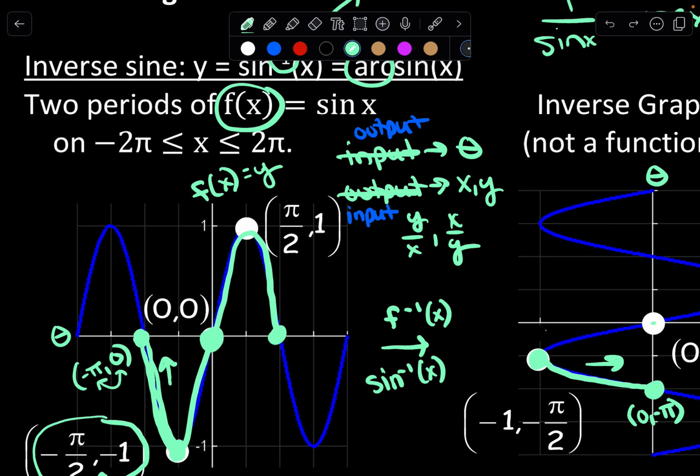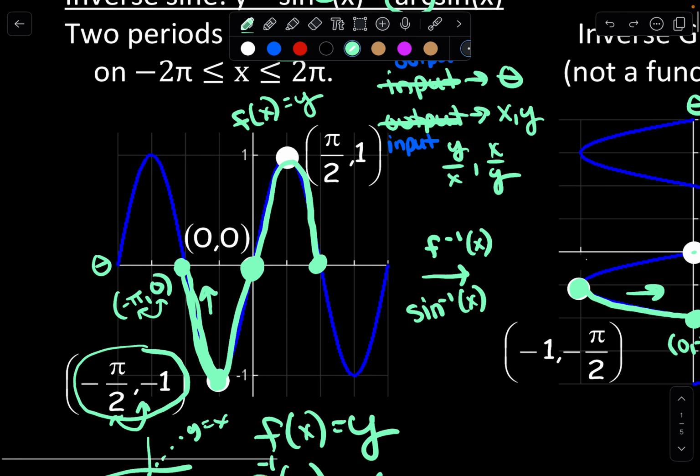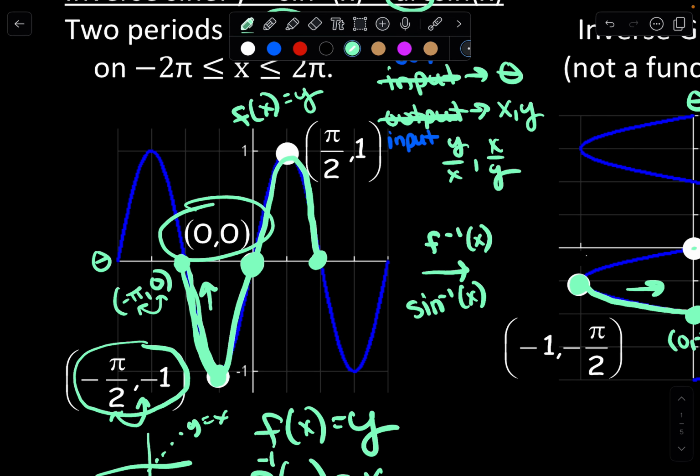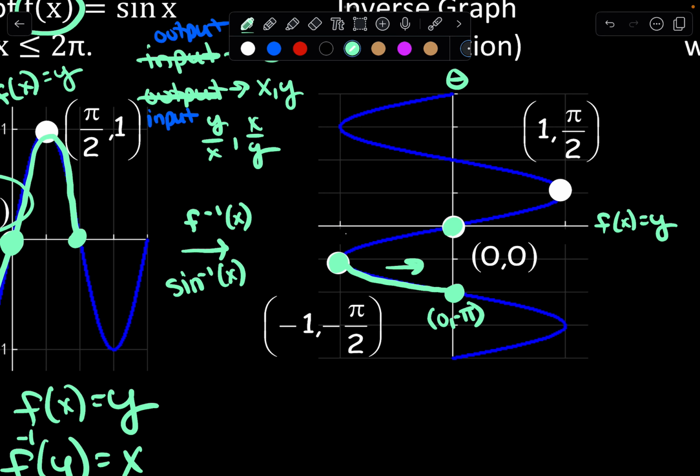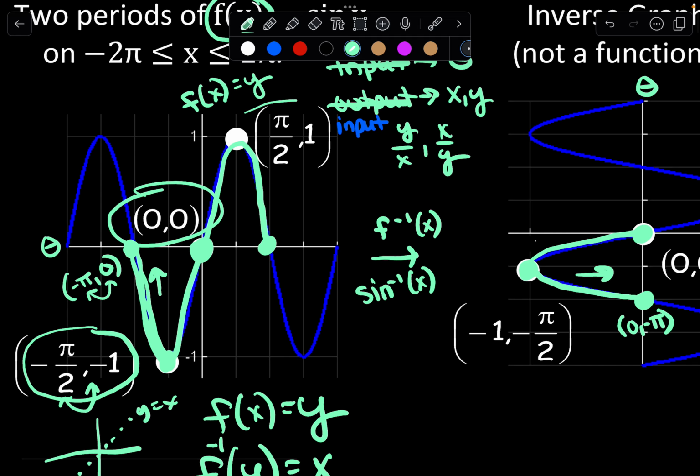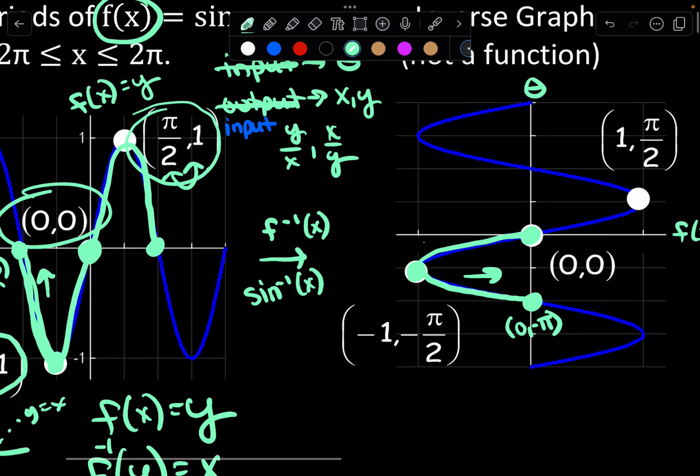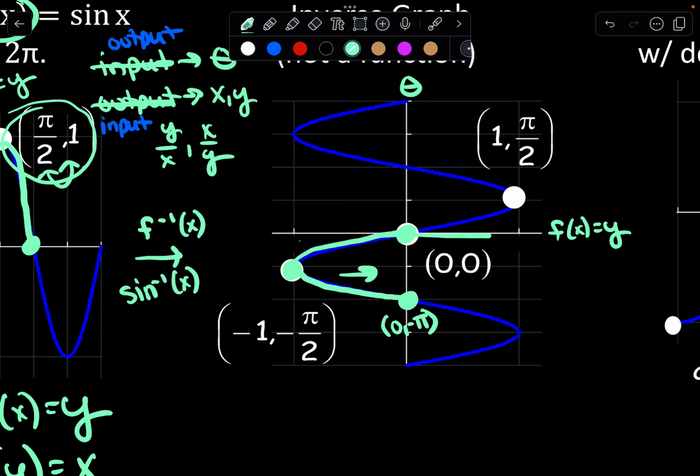But if you notice, it's concave towards the positive y values, same as the original function, concave towards the original y values. And if I continue this trend, we have 0, 0. So I end up at the origin, and then I continue that concavity. And then the next point is pi over 2, 1. So that becomes 1, pi over 2. So I travel over 1, go up pi over 2.